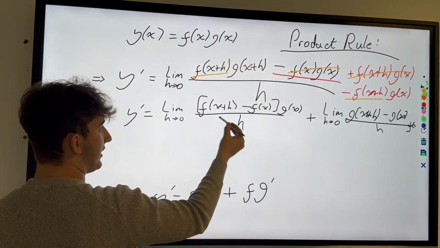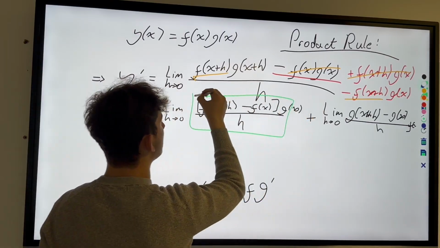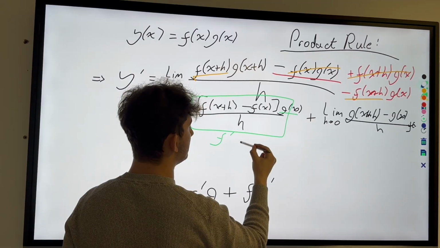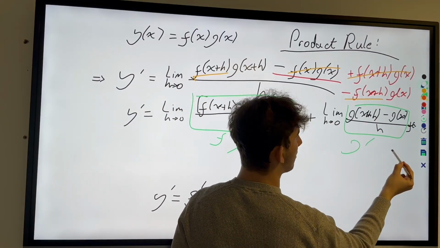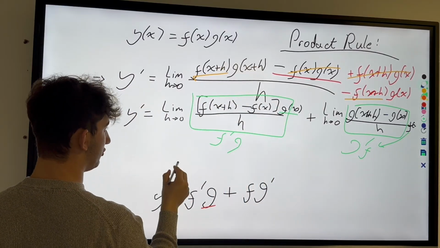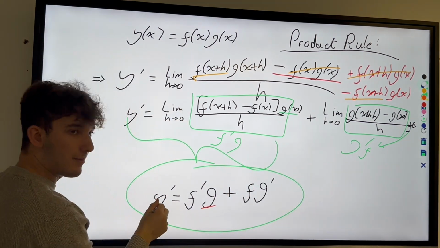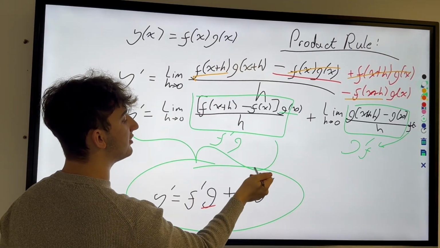Now, this we know is going to be f prime, and it's going to be times by g. And then this we know is g prime going to be times by f. And so we can bring this all down and say that y prime equals f prime times g plus f times g prime.